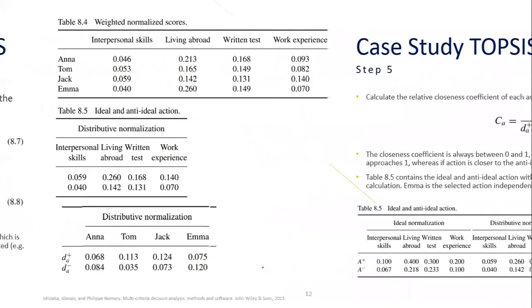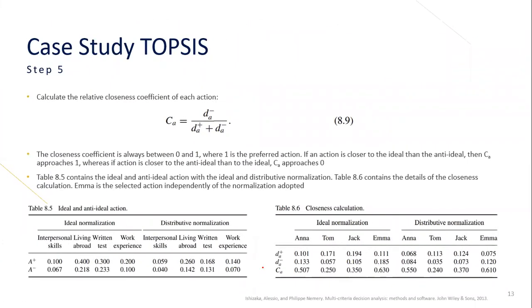And then the last one, you need to calculate the closeness index. The closeness index is the distance to the anti-ideal solution divided by the distance to the ideal solution plus the distance to the anti-ideal solution. So you will have this one, CA.